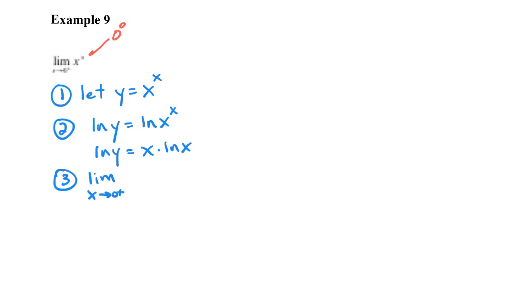But instead of taking the limit of y, which is what we want, we take the limit of the natural log of y, which is just this: the limit as x approaches 0 from the right of x times the natural log of x.